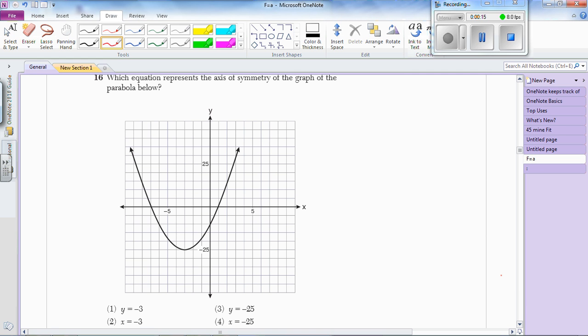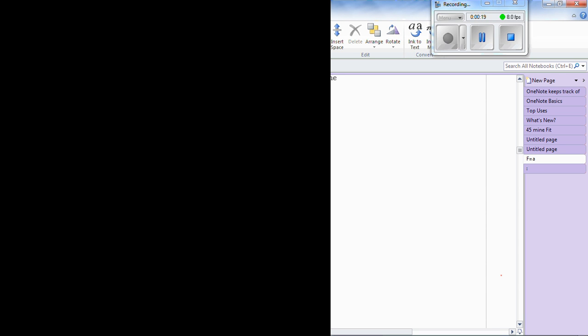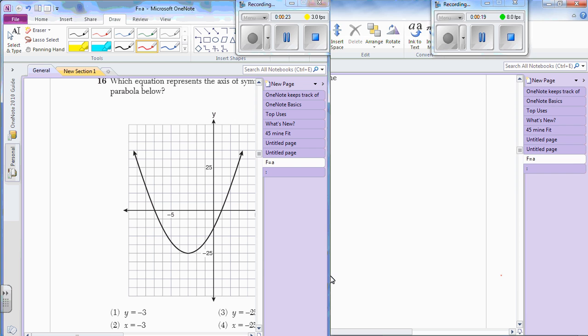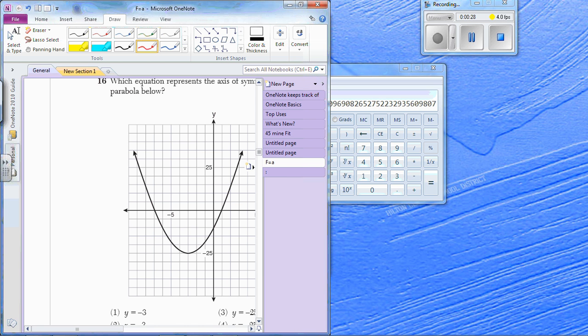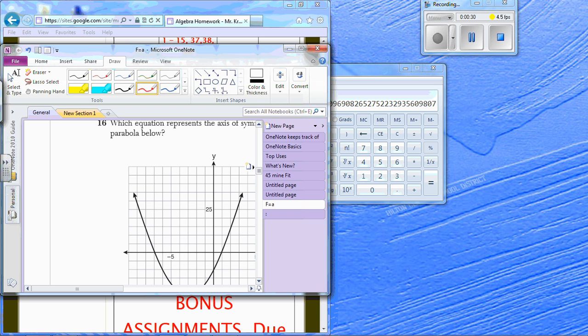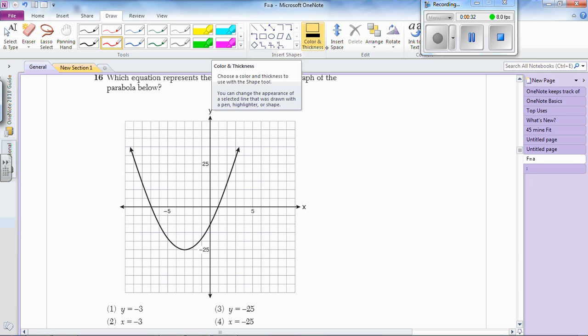Axis of symmetry. I'm not sure what you guys just saw, but I was turning my screen around so I could actually write on this thing.